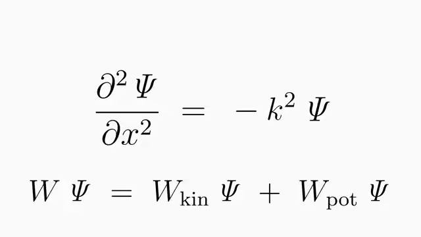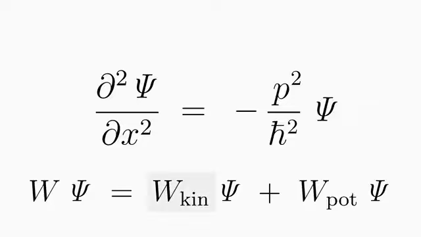Next, we again make steps which at first sight appear to be arbitrary, but in the end, they will lead us to the Schrodinger equation. We will somehow try to connect the second derivative of the wave function with the conserved total energy. First, use the rewritten de Broglie relation for the momentum p equals h bar k and replace k squared.